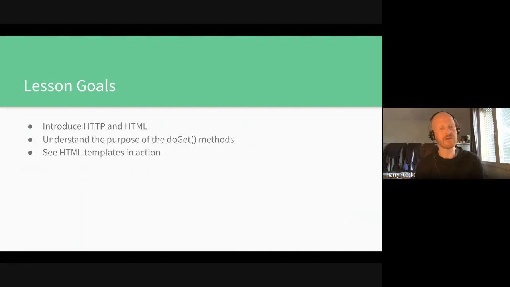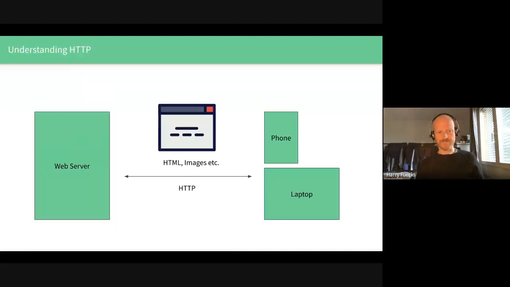I could go a lot deeper into those in later lessons. We'll see how it goes, see what makes sense for people. Then we're going to understand this do-get method and look at some HTML templates, how that works in Google Apps Script.